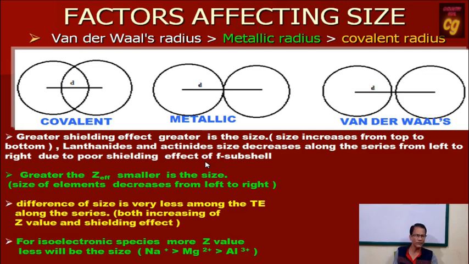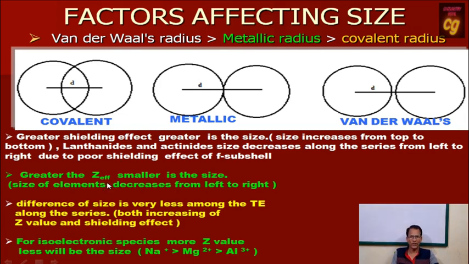As the f subshell is available, the shielding effect will be less. As the shielding effect is less, attraction is automatically more, so size will be less. That's why lanthanides and actinides show lanthanide and actinide contraction, the decrease in size due to the poor shielding effect of the f subshell, from left to right.